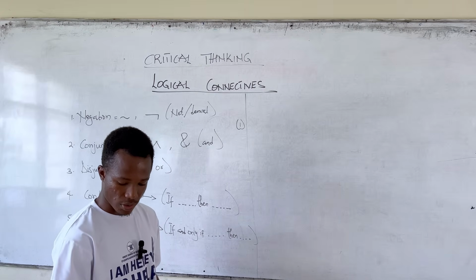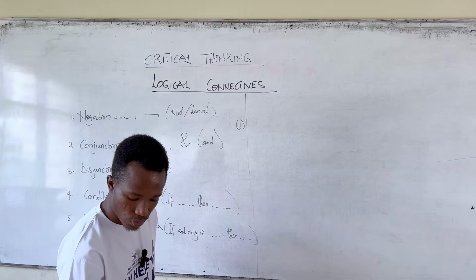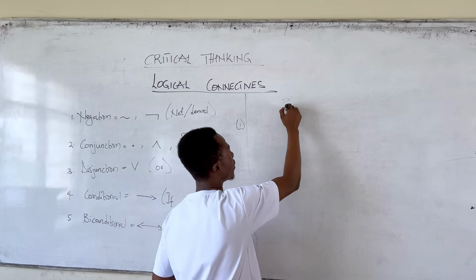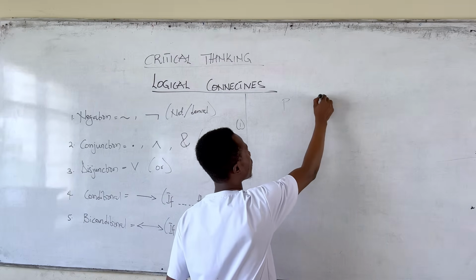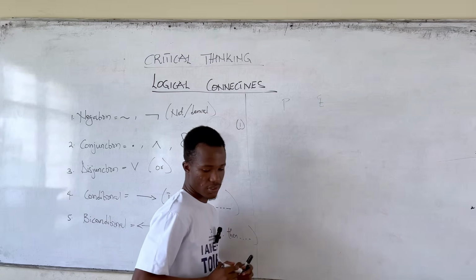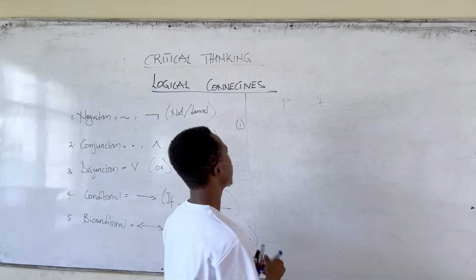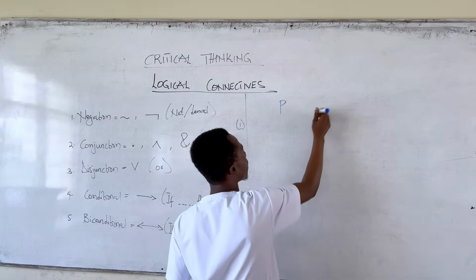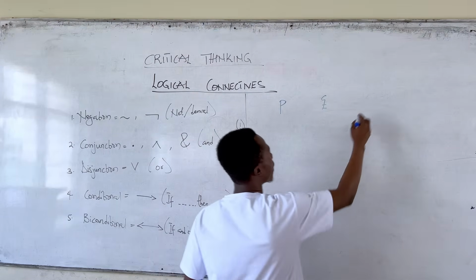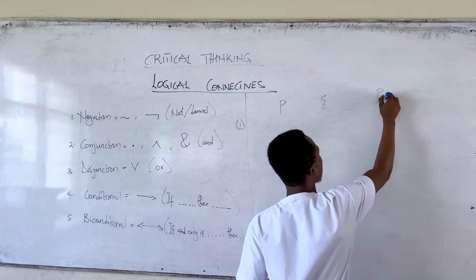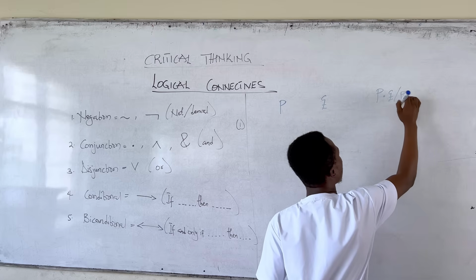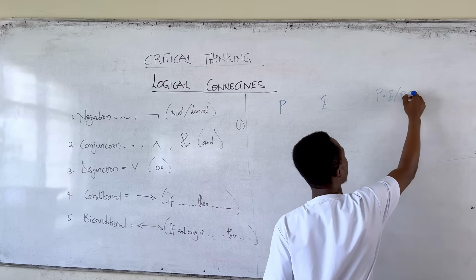I don't know whether I am supposed to draw or so. Let's say you have two statements. You have P statements and you have Q statements. Oh, the markers are not helping. Now, if these two come together, it becomes P dot Q. What is the other one?